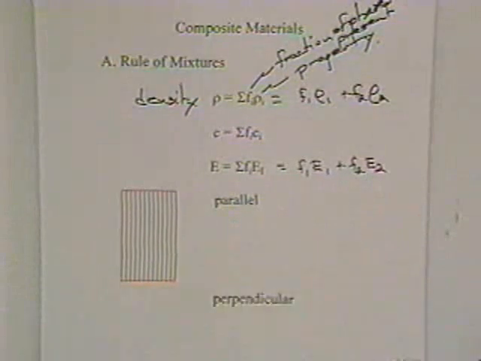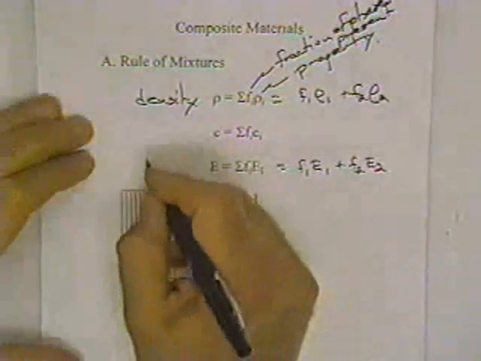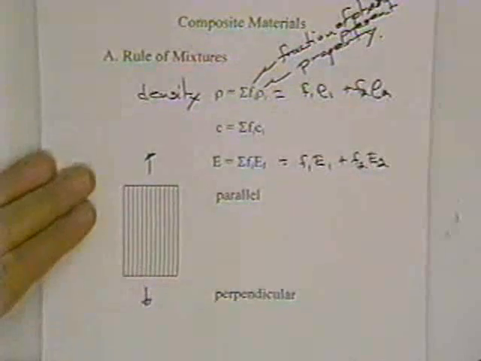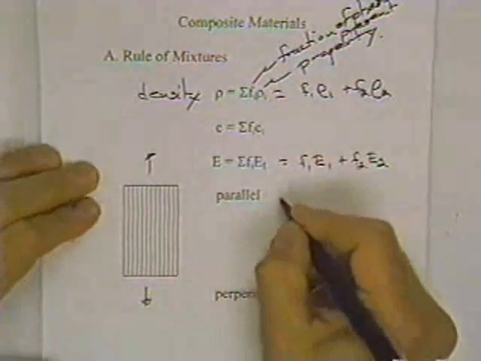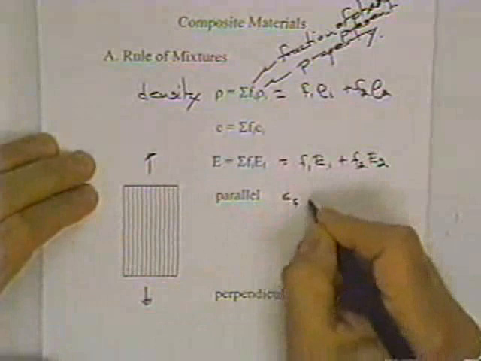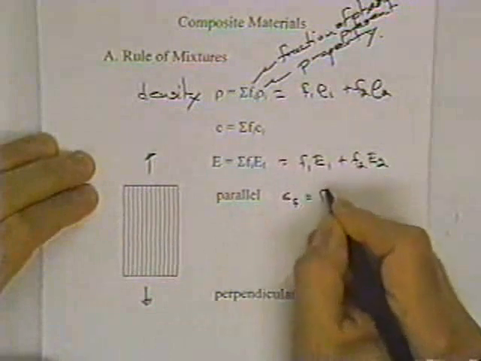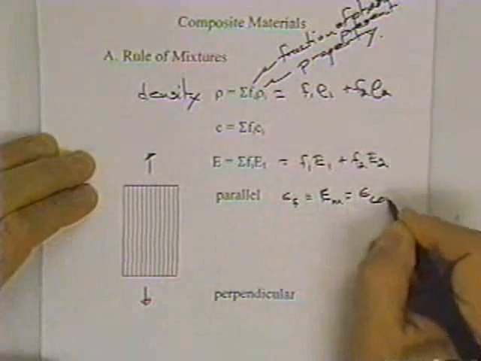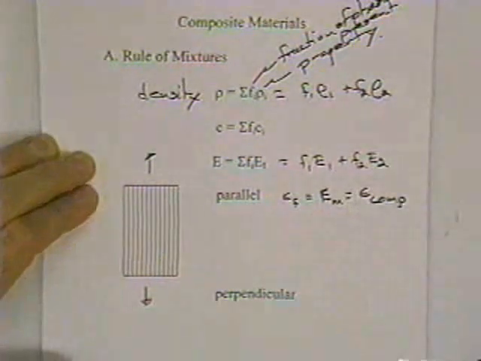Now, how's it going to be parallel or perpendicular? Well, if we put a load on here parallel, what's going to be constant? The strain in the fiber is going to equal the strain in the matrix is going to equal the strain in the composite.